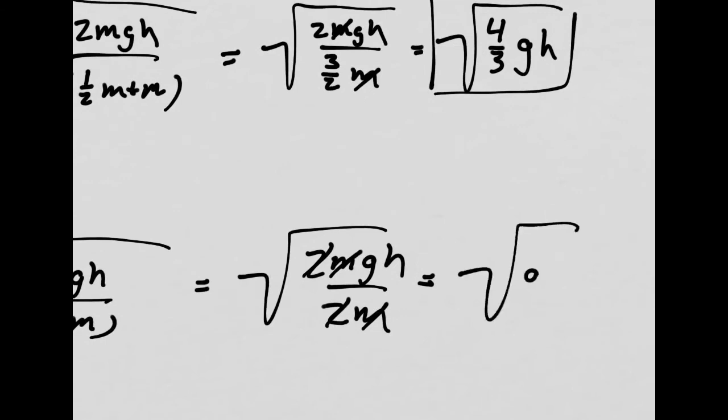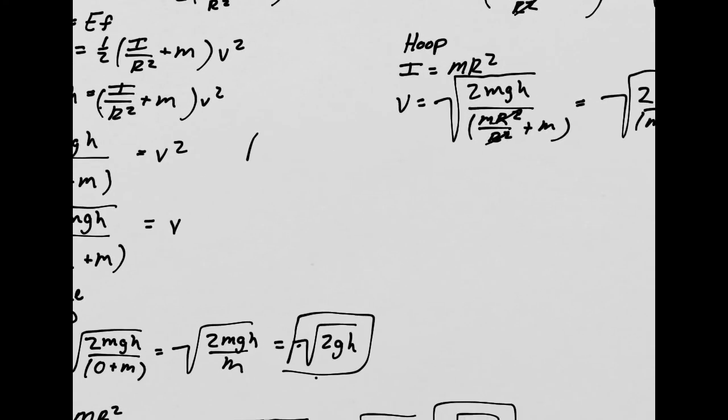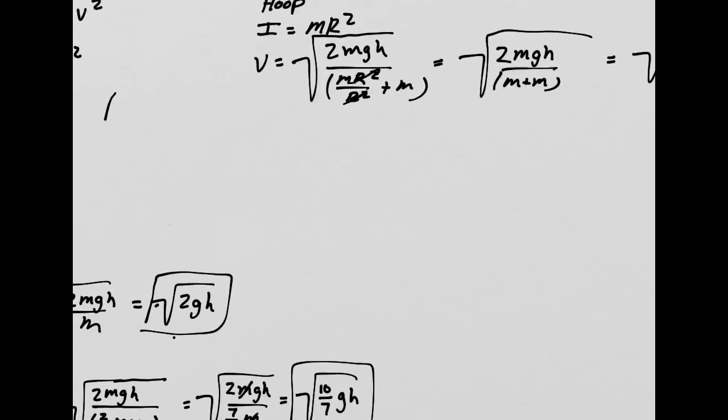So we have four velocities now. So let's put them all together to look at. We have the particle, the velocity is the square root of 2gh.